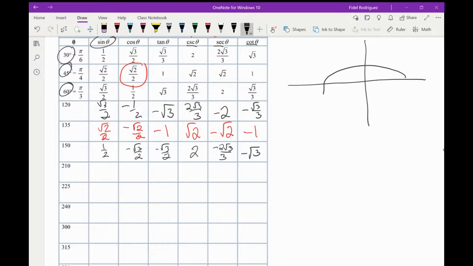Okay, so 210 degrees would be something like this. And what we're looking at is this angle right here. So remember how we're going to find this one. We're going to take 210 and subtract 180. Okay, that's going to give me, okay, so this piece here is 30. This piece here is 60.